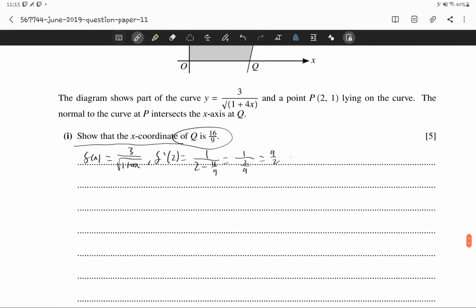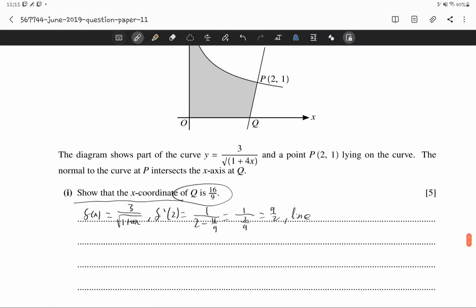And so line QP is y equals 9 over 2 times x minus 2 plus 1. There you go.